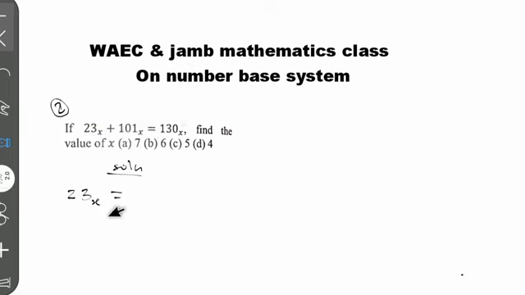The first digit here is 2, the second is 3, and the base is S. So you take this 2 and multiply by the base S, that is 2 multiplied by S, plus the second digit, 3, multiplied by the base S. Now we have expanded it.